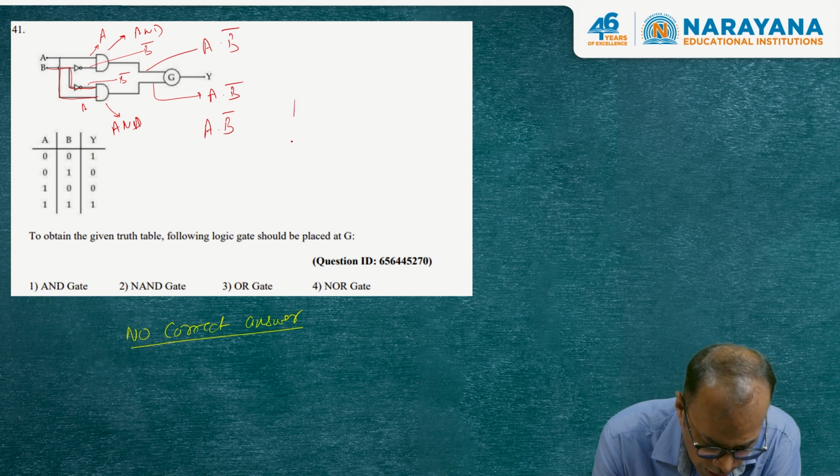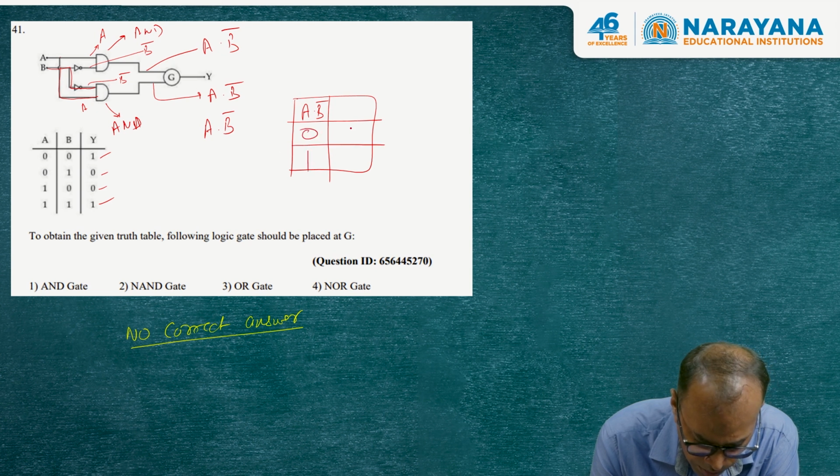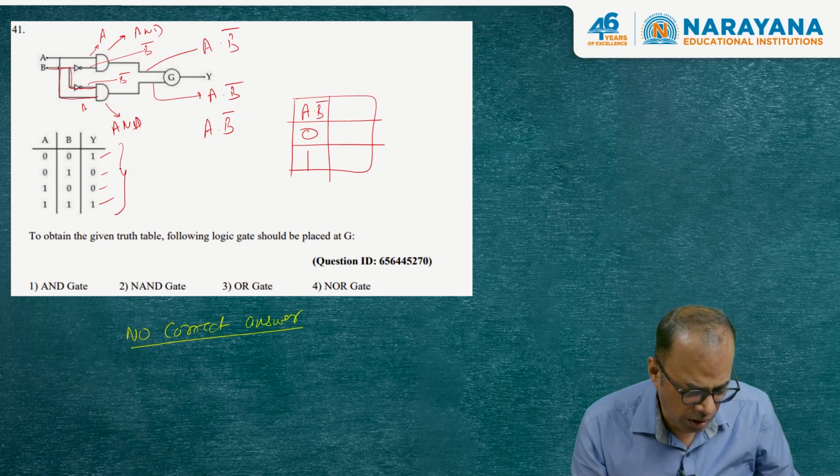So this gate is getting only one input, that is A dot B bar. A dot B bar is the only input it is getting and we want an output like this, which is not possible. A dot B bar can either be 0 or 1. So only two possible outputs are there, which is not satisfied by this.